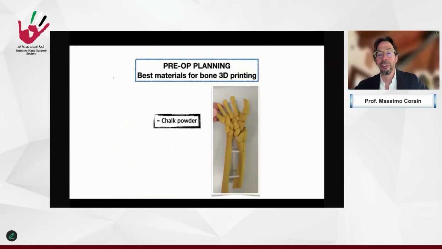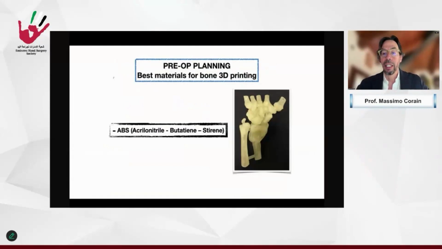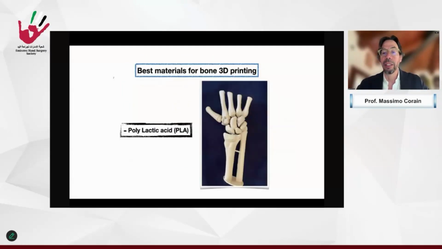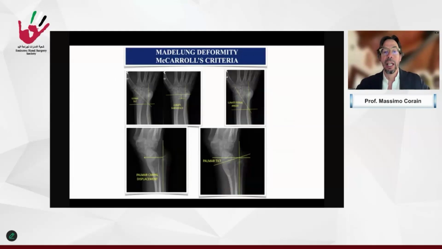This was the first model I used, a 3D printing pre-op model before we had the patient-specific implant. This is my experience from around 8 years ago, and I used chalk powder or ABS in order to have a 3D printing at 1:1 scale for the pre-op planning.